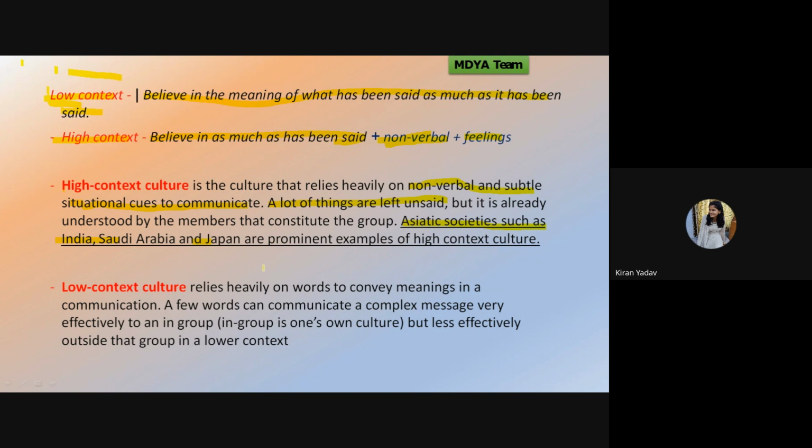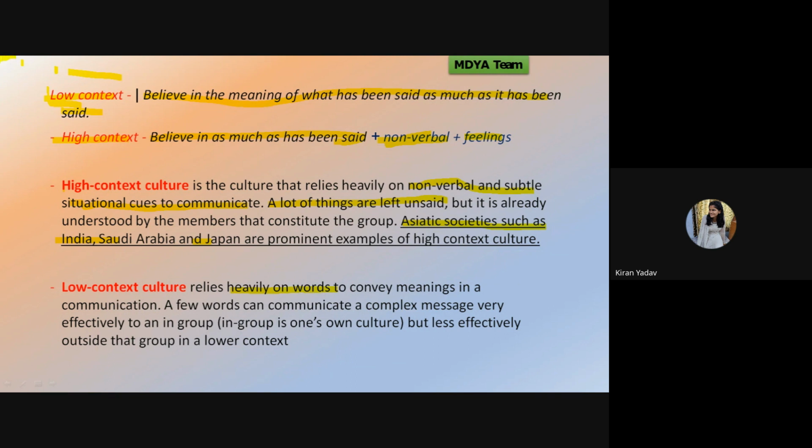And what can be the examples for low context culture? Countries like the US and Australia. Low context culture relies heavily on words to convey meaning in communication. A few words can communicate a complex message very effectively to an in-group, in one's own culture, but less effectively outside that group in a lower context.